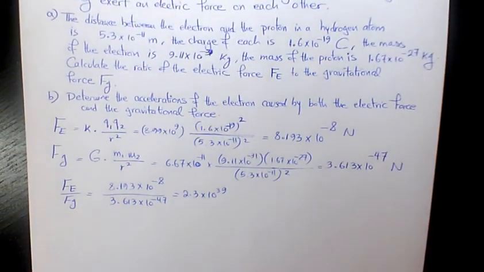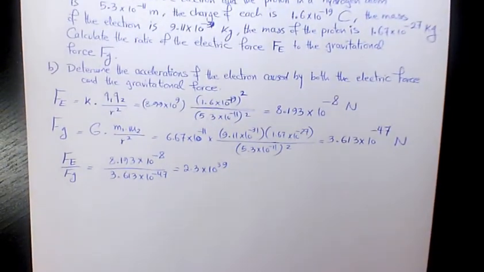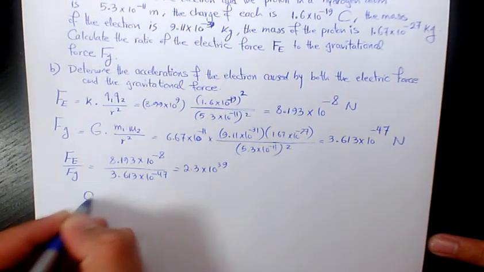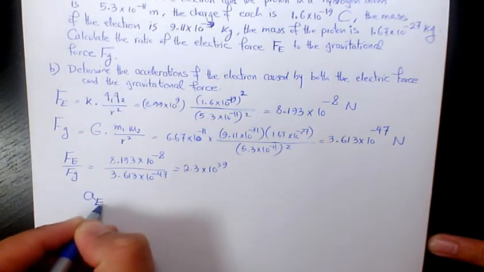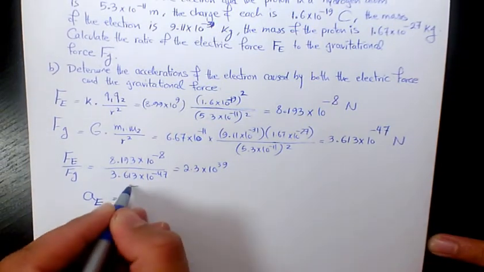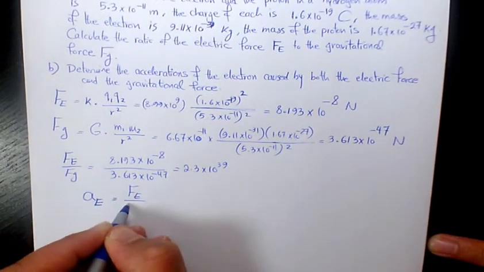Let's do part B. Part B says, determine the acceleration of the electron caused by both the electric force and the gravitational force. So the acceleration based on the electrical force is Fe divided by Me.